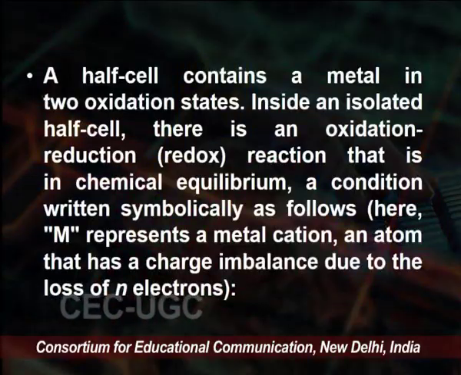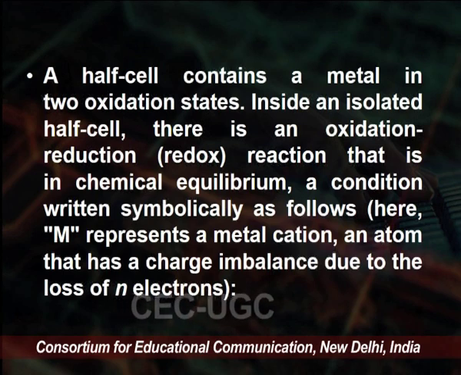Other devices for achieving separation of the solutions are the porous pot and gelled solution. A porous pot is used in the Bunsen cell. There are various types of cells in which we can use the porous pot. A half cell contains a metal in two oxidation states.